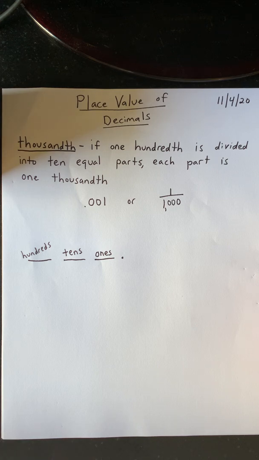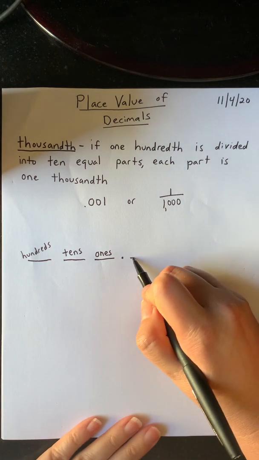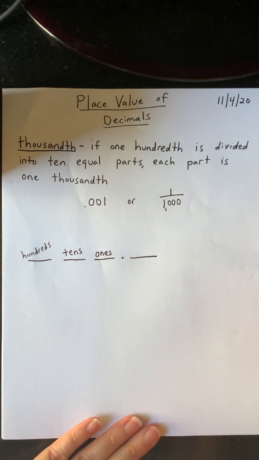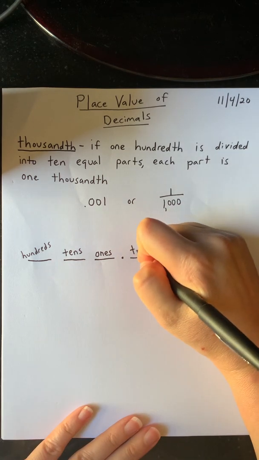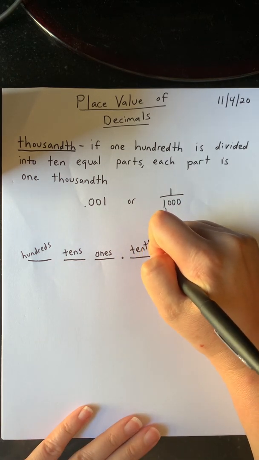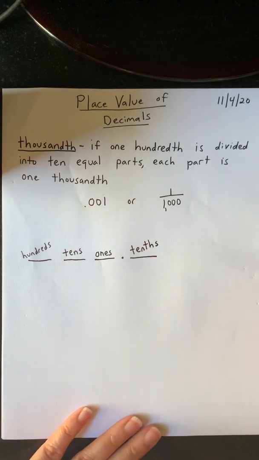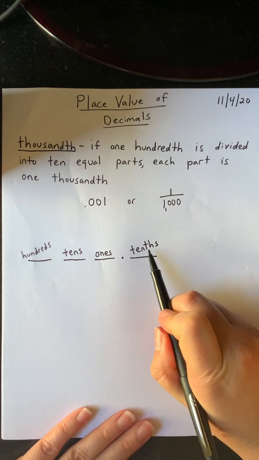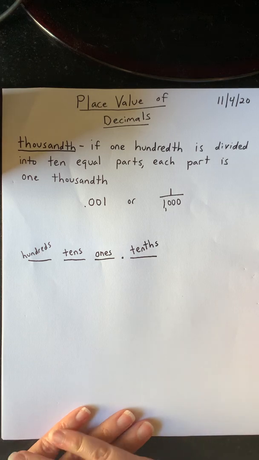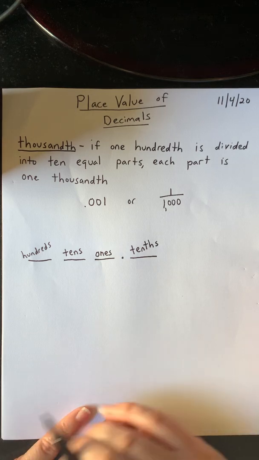To the right side of the decimal, those are your decimal places. So the first spot to the right of the decimal is called tenths. TENTHS. So when you see that TH or THS ending, you know that you're on the decimal side.